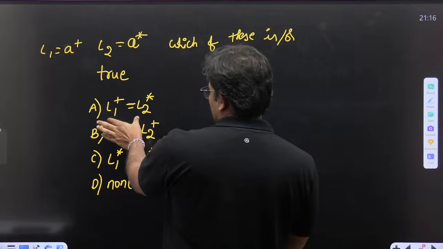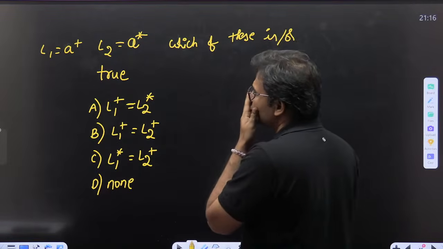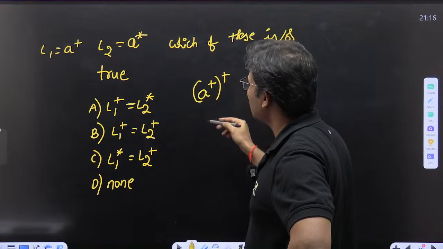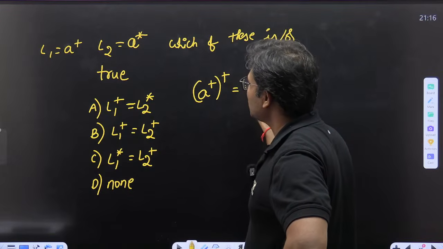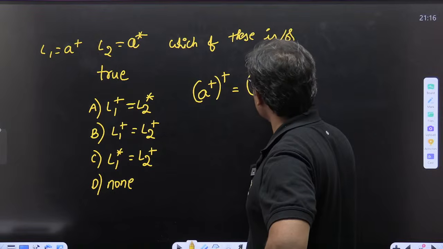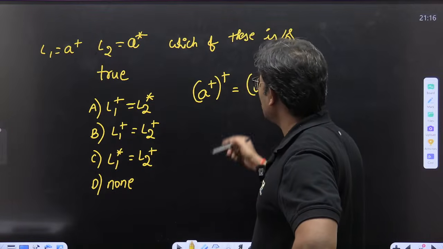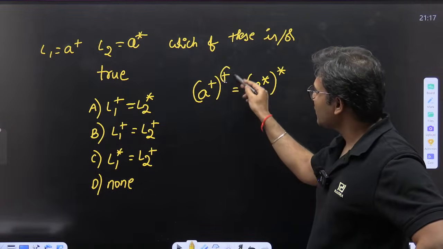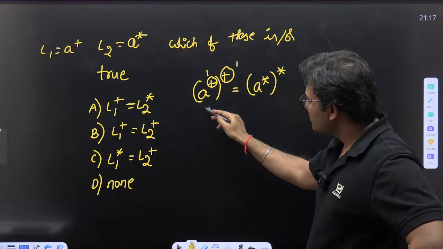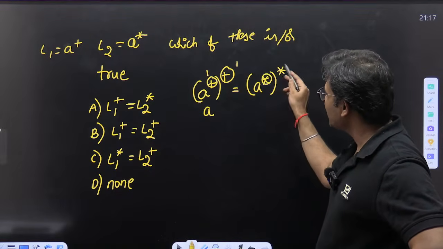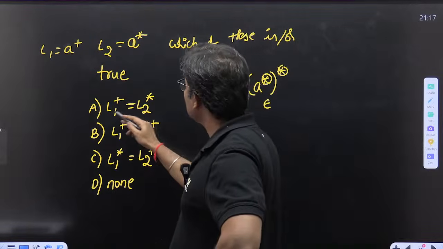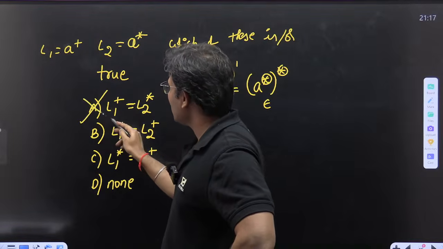Now let's see this. L1 plus equal to L2 star. What is L1 plus? L1 plus is (A plus B) whole plus, is equal to L2 star. L2 star is (A star) whole star. Now these two are not equal. The reason is the minimum number I can put is 1 here, so I will get the minimum string A. But if I put 0 here and 0 here, I will get epsilon, and epsilon is not here. So these two are not equal.